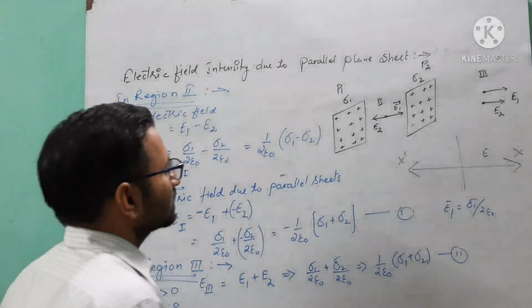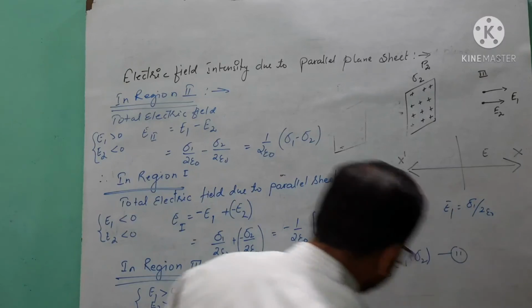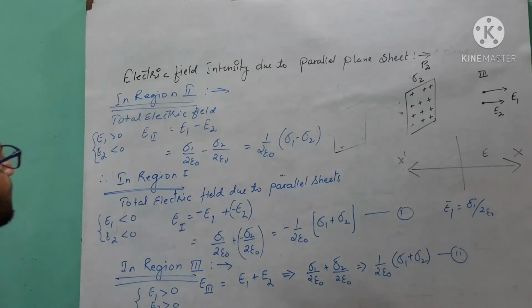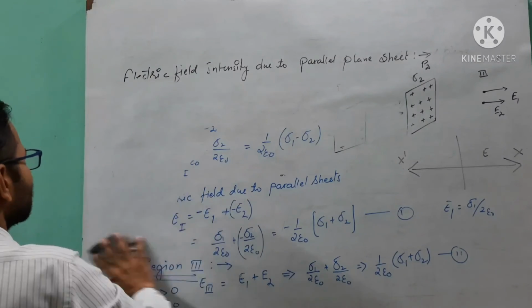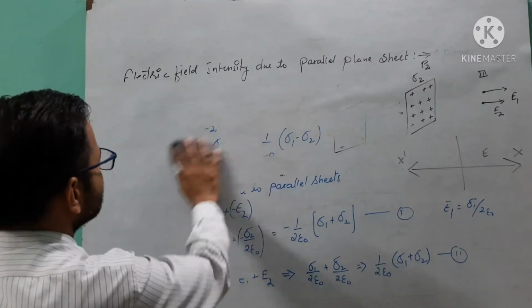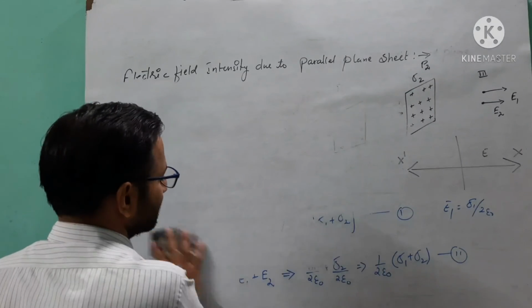Okay, after that, student, I will use a special condition. Suppose we have two surface charge densities, sigma 1 and sigma 2, and suppose these two are equal, then what is the result?